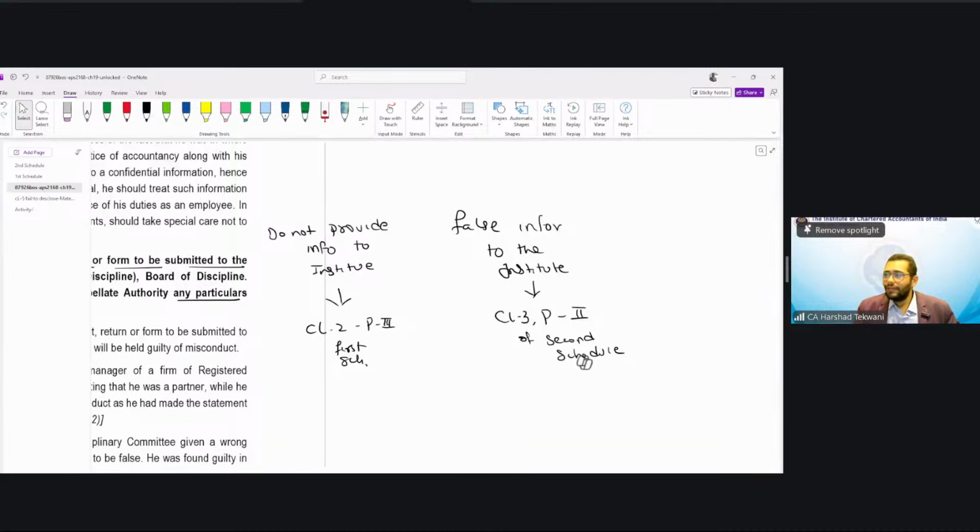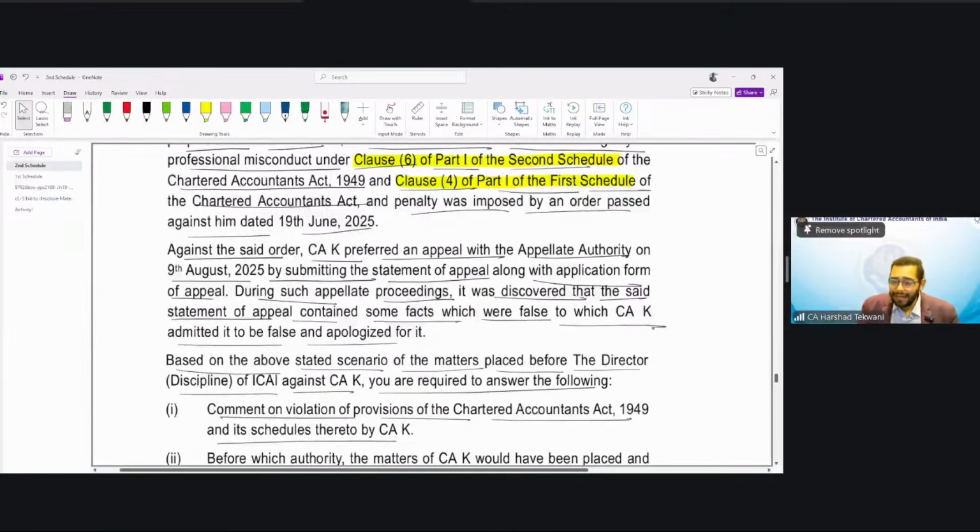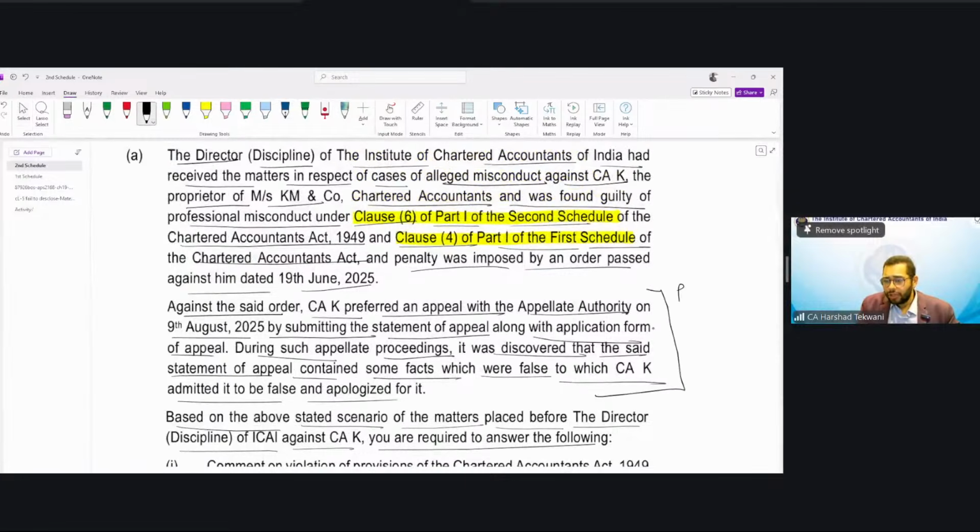In the given scenario that we were discussing, there was some information provided which was known to be false. Like CAK was aware that this information is false. As a result, for this false information submitted to the institute, Clause 3, Part 2 of second schedule will be applicable.